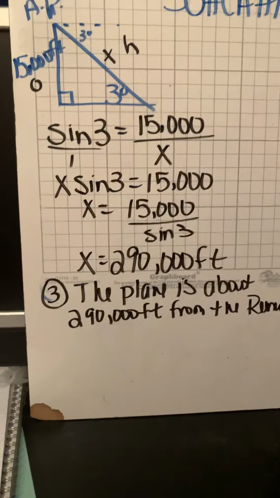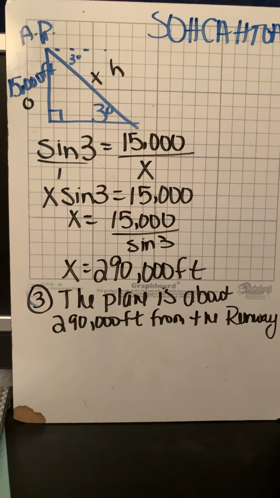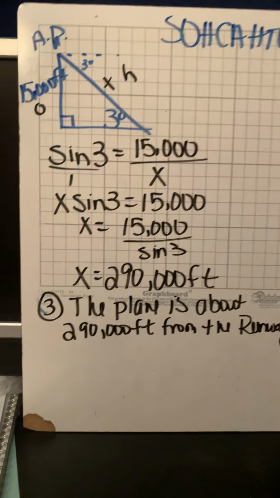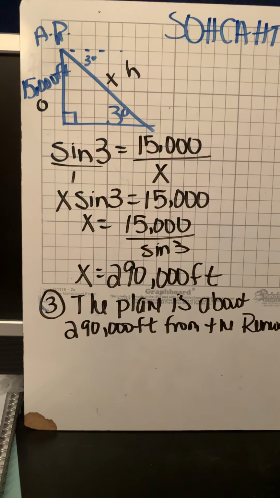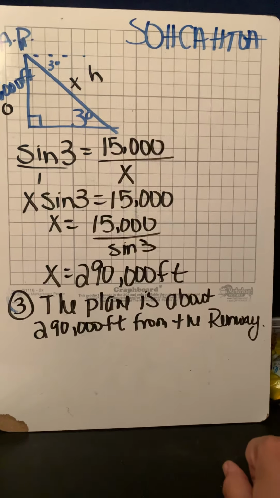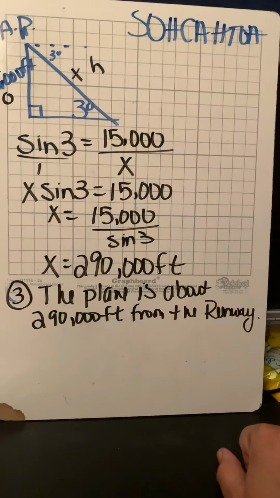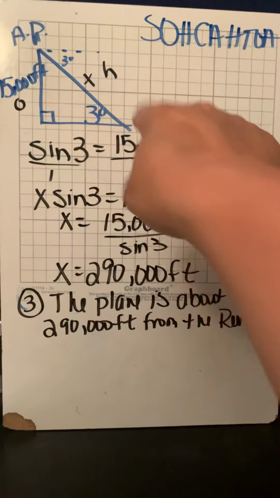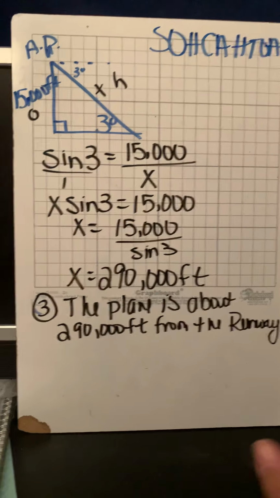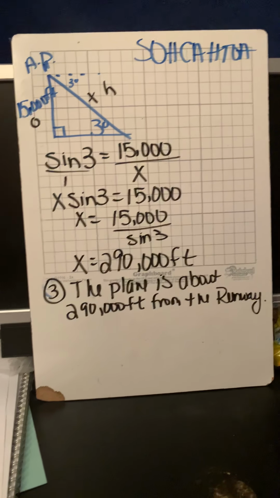Let's say you wanted to put that into perspective. How many feet are in a mile? 5,280. If you took this divided by 5,280, you would get approximately 5 miles. That means that airplane is only 5 miles away from hitting that runway, which is so real world. They're using that stuff all of the time.